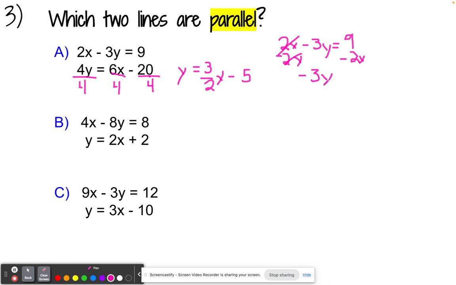And I can already see that these are not going to be parallel, because when I divide these by negative 3, I'm going to have 2/3, not 3/2.